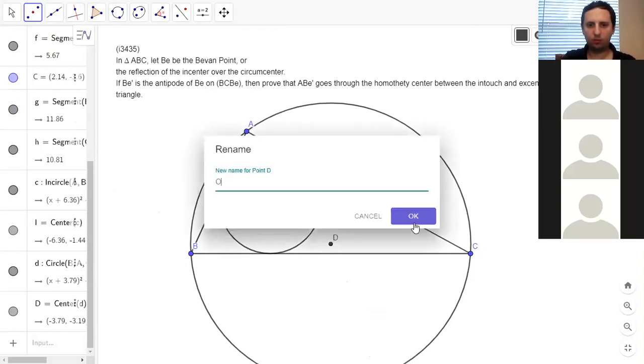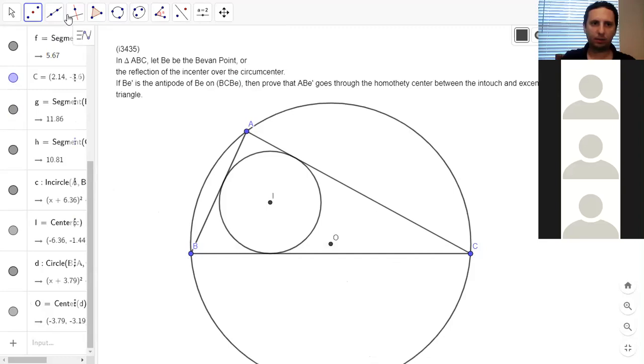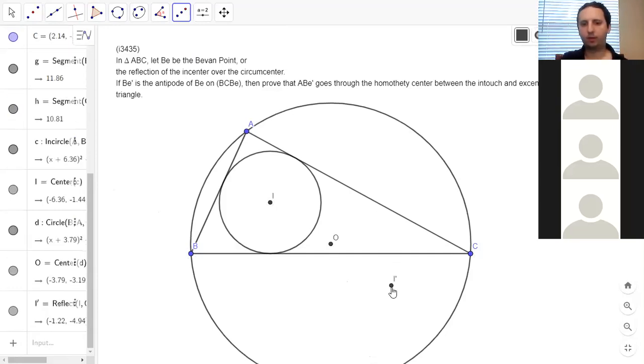This is O, and then I'm going to reflect it. So I think there's another way to define this point, if you draw the excenters of ABC and take the perpendiculars to each side. I'm just going to leave it like this for now.